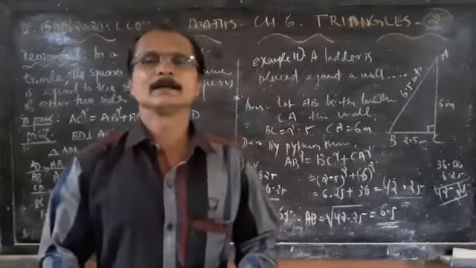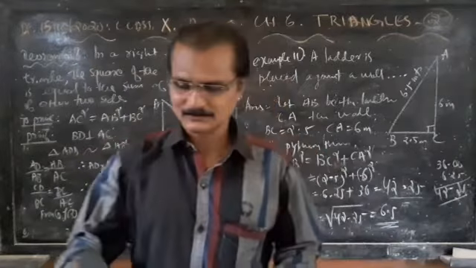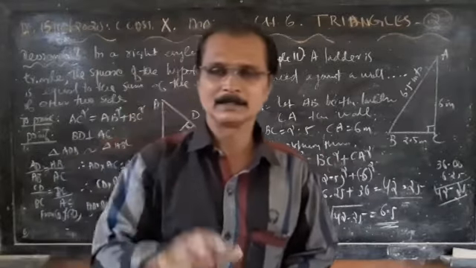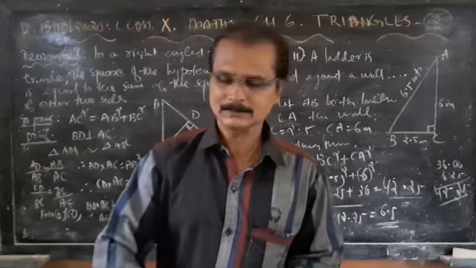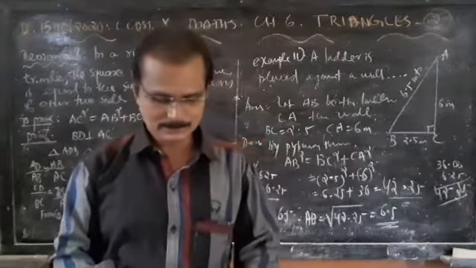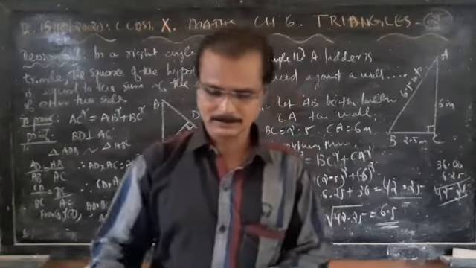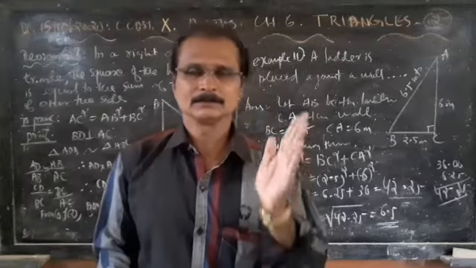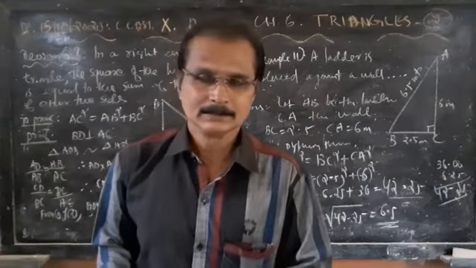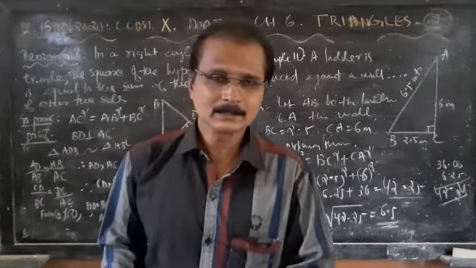So it's very interesting, very important. Memorize it and write it 2-3 times. Then it will be automatically saved in your brain, in memory. I have told you, mathematics you learn only by doing. By reading, you will get very little.